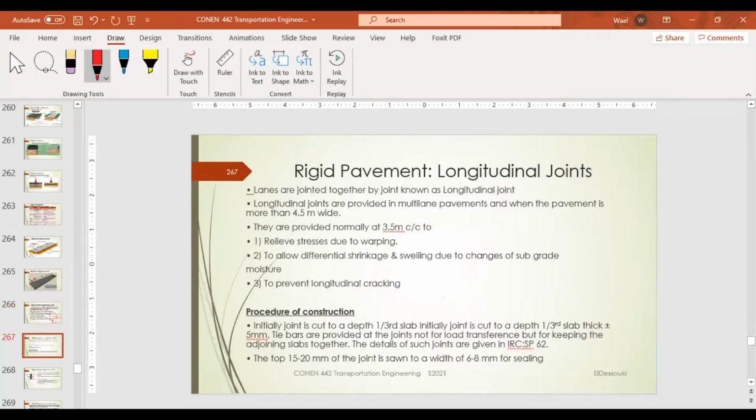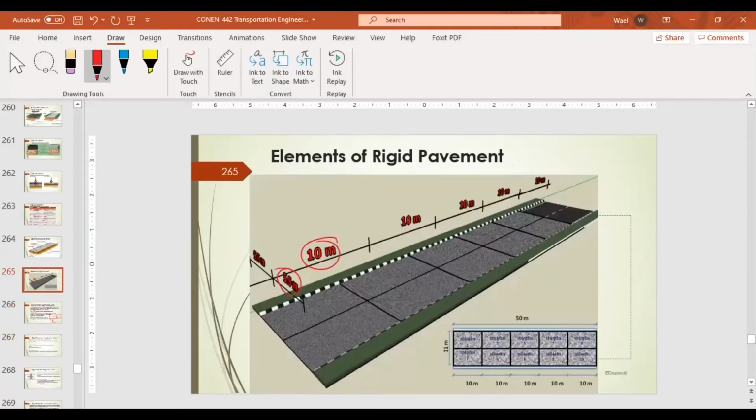Longitudinal joints. Lanes are jointed together by joints known as longitudinal joints. Usually we place them between the lanes.